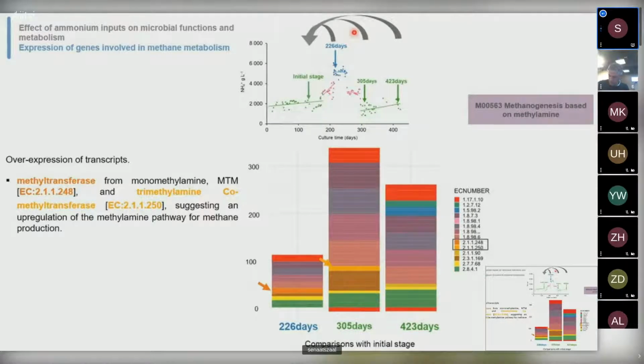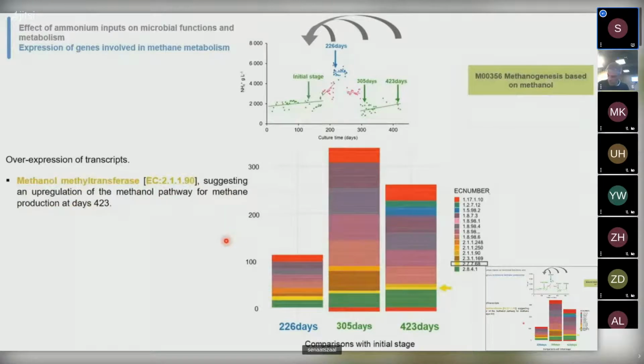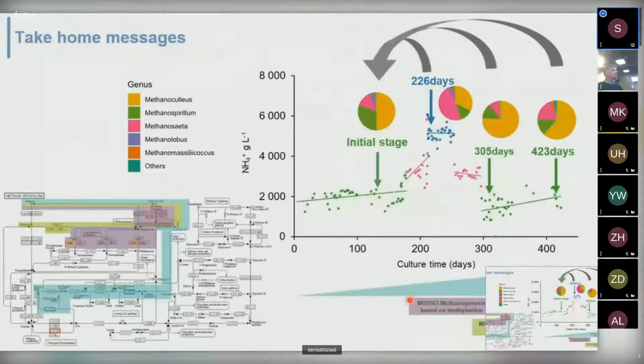We can observe the methyltransferase, and at the end of the experiment, we can observe the trimethylamine co-methyltransferase. And if we focus only on the methanogenesis based on methanol, we can see this enzyme at the end of the experiment only, and it was overexpressed.